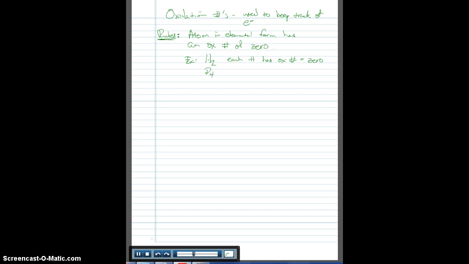P4, which is phosphorus, again, each phosphorus would have an oxidation number equal to 0 because that's its elemental form. Okay, and there's going to be more rules, so we'll come across some of those. That's the first one. Second one.